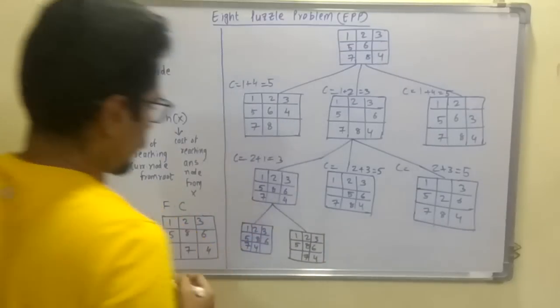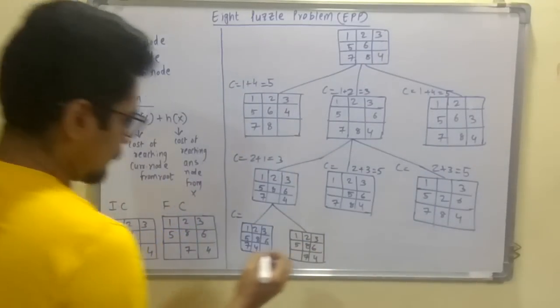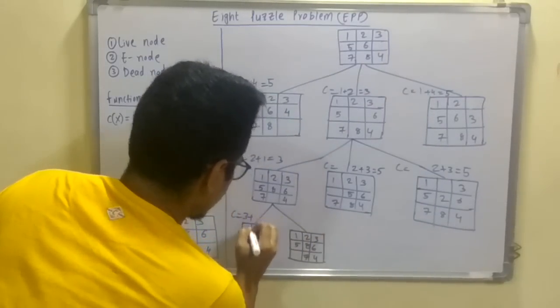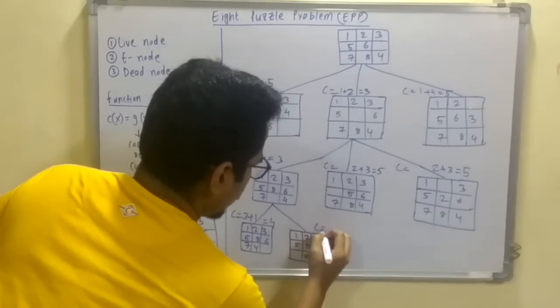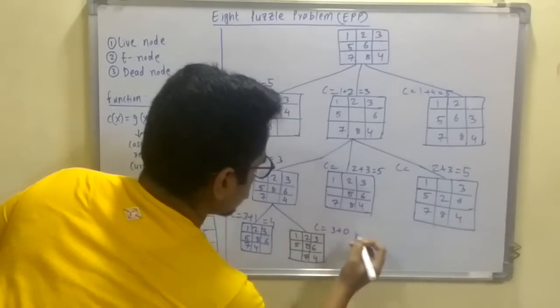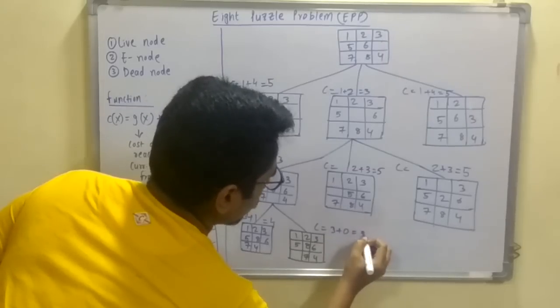Now this matches our final configuration. So a cost should also be there with this. So now this would be 3 plus 1 move you have to make, which makes 4, and this will be 3 plus 0 moves. So since 0 is there, you have reached the final configuration.